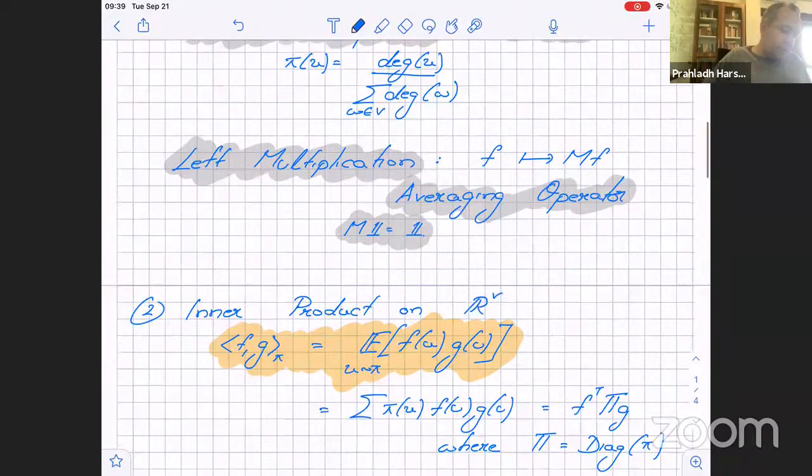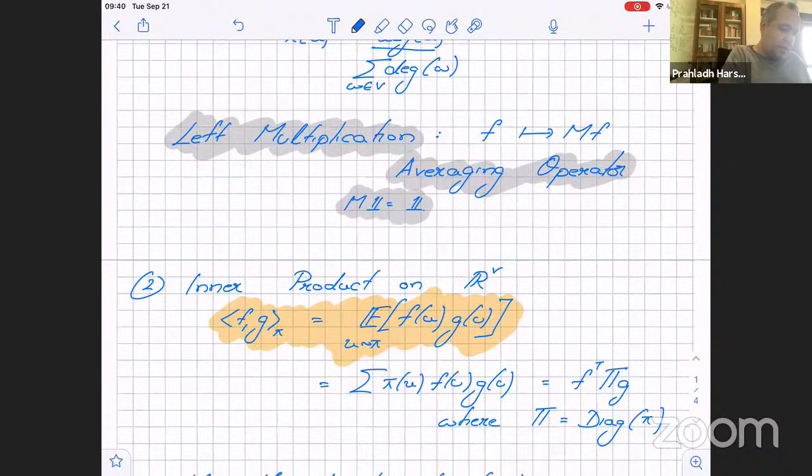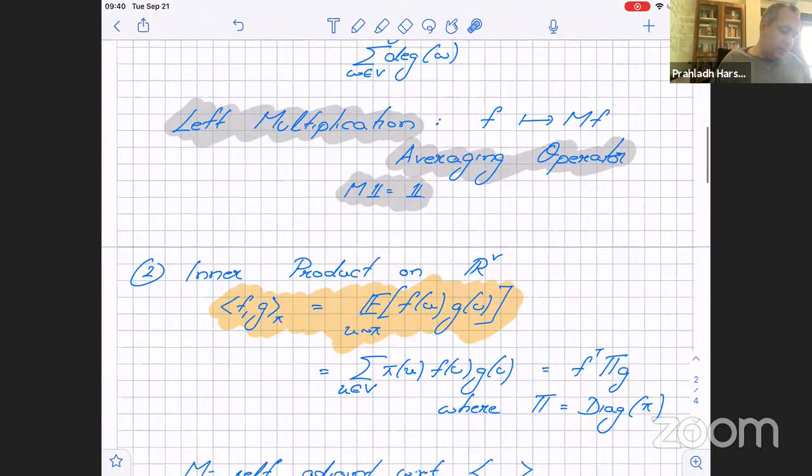If you're more familiar with the matrix notation, the usual dot product is f transpose g, and here you're scaling every entry by the stationary distribution: f transpose Pi g, where Pi is the diagonal matrix whose diagonal entries are the probabilities given by the stationary distribution. Okay, so that's the inner product.